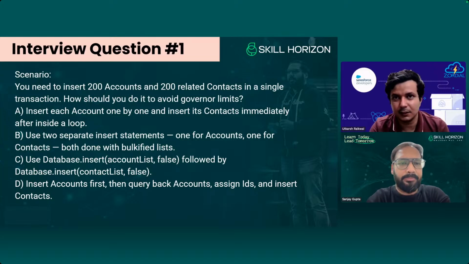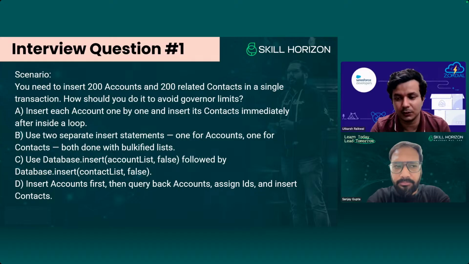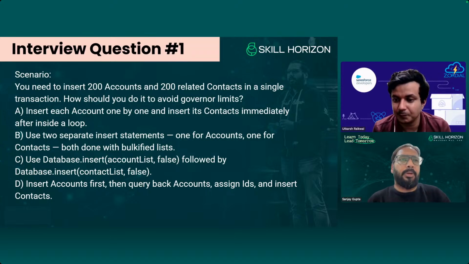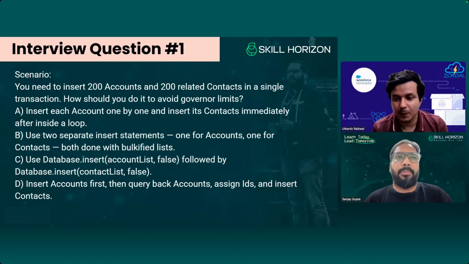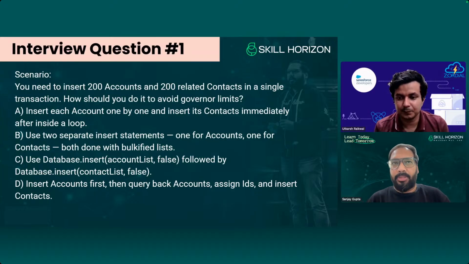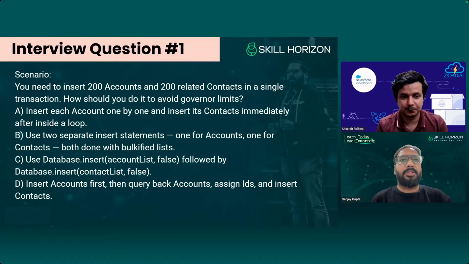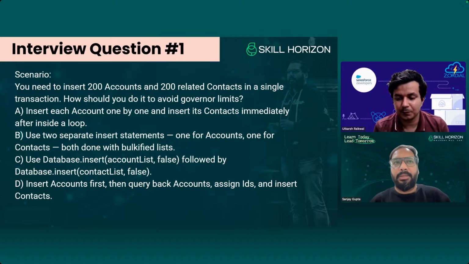For example, in a query you can get only 50,000 records. Yes, perfect. These limits are available in Salesforce so that we can improve performance, right? Because if there are no limits, then you won't be implementing your code as per best practice.